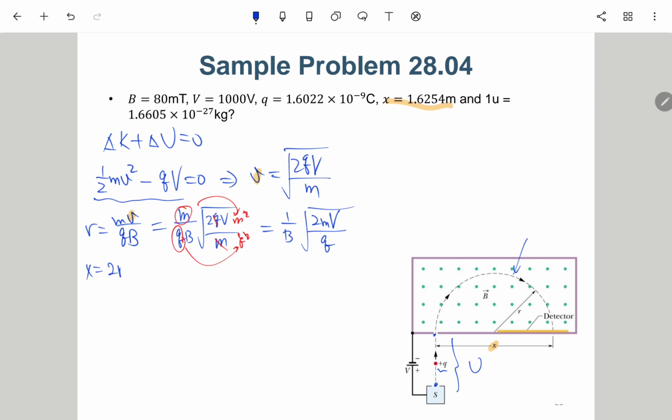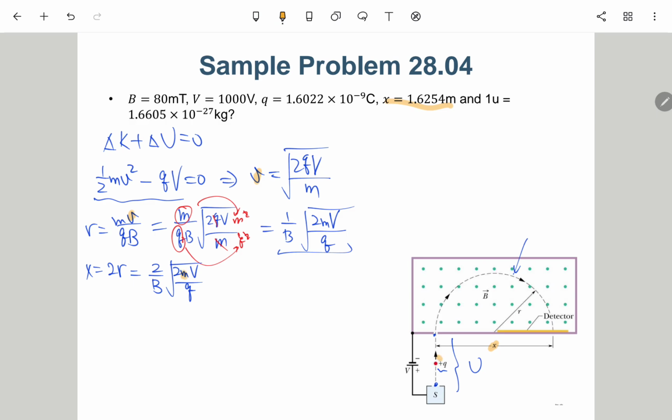X equals 2r, so it is actually this one, multiplied by 2 over B and then the square root of 2mv over q. What we would like to solve is the mass of this ion.